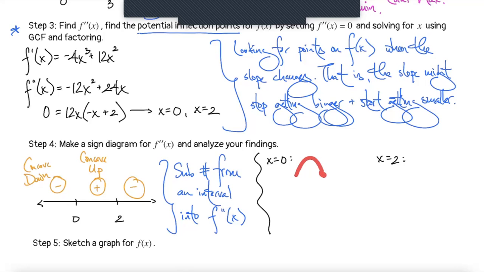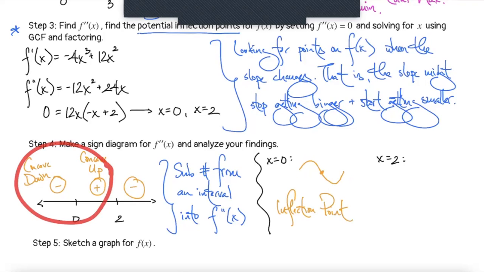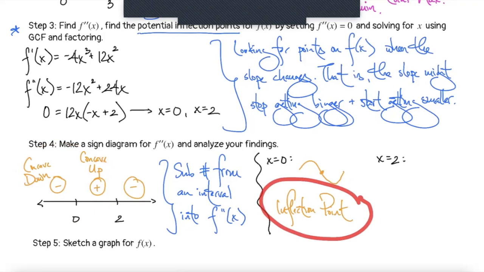And then concave up would be something like this. Okay. So the picture that I might want to draw for myself is something like this, with this being the inflection point. Now, it's important to note that we have a sign change, means it goes from negative to positive. It changes. We call it an inflection point only when it changes sign.